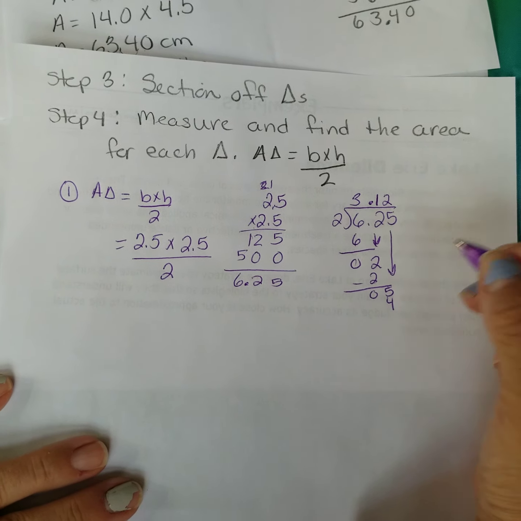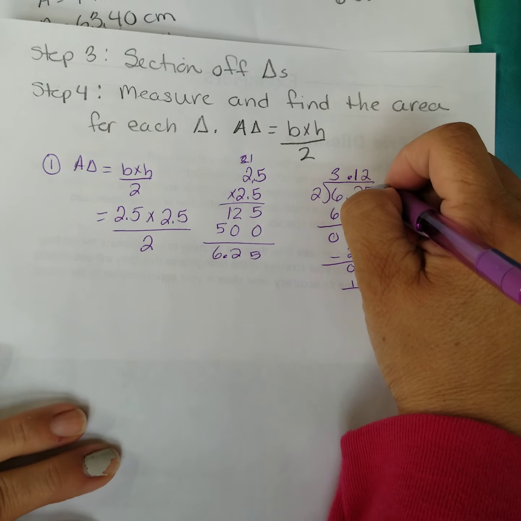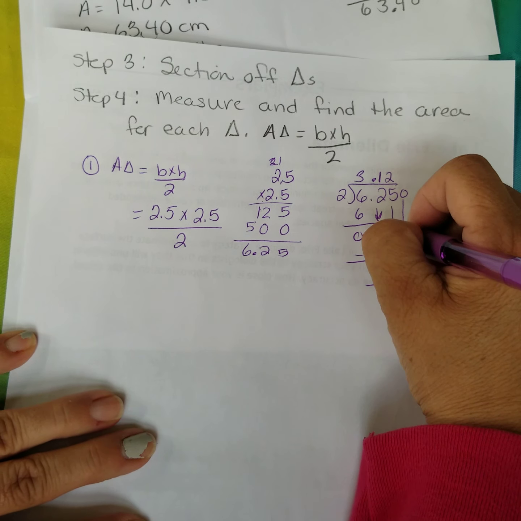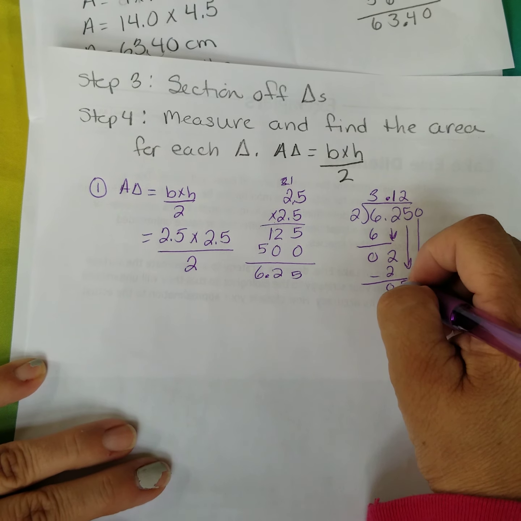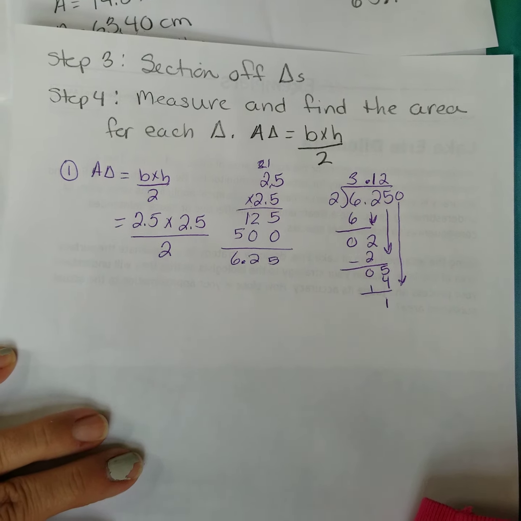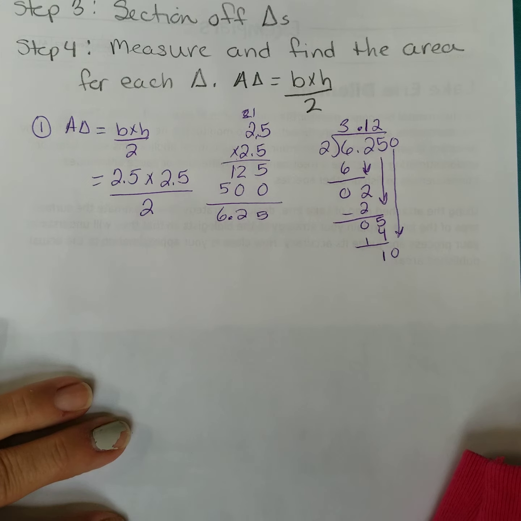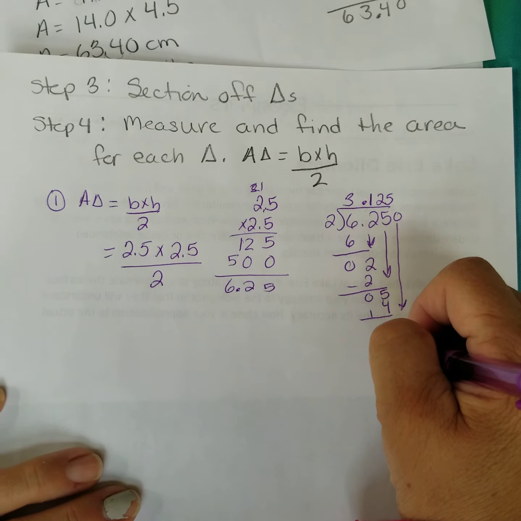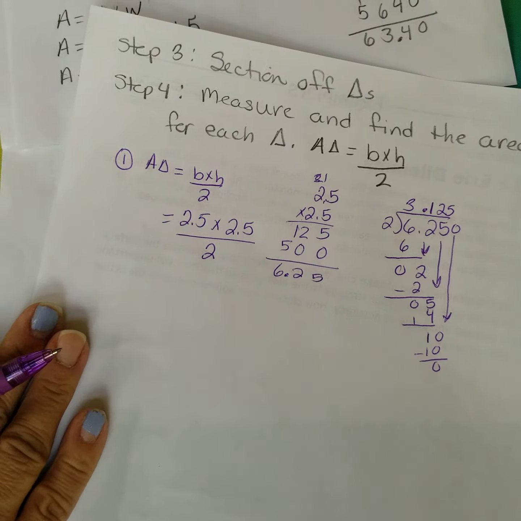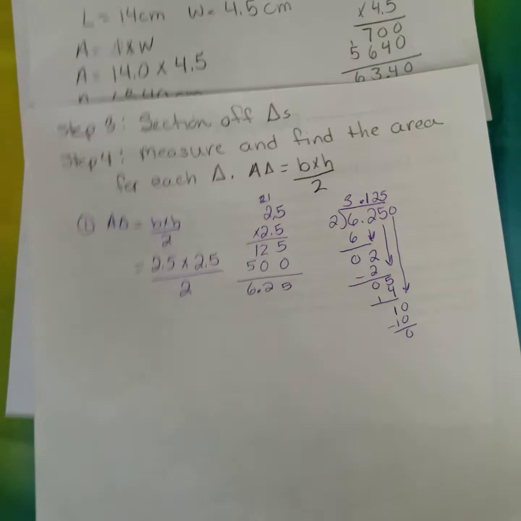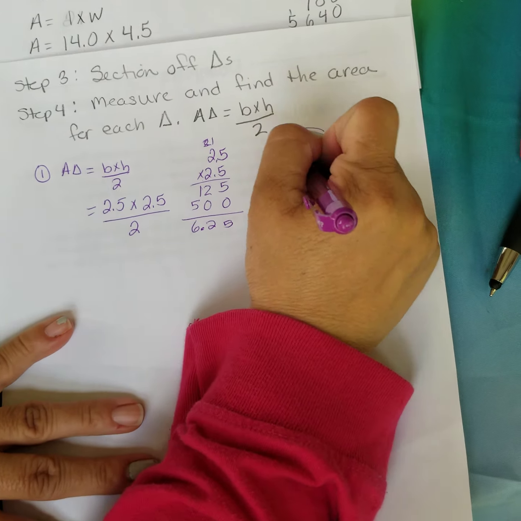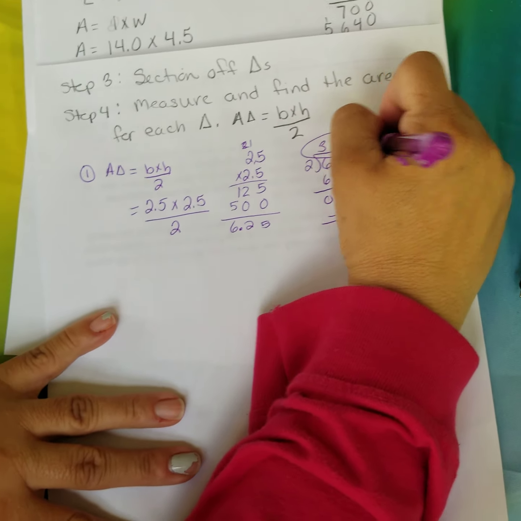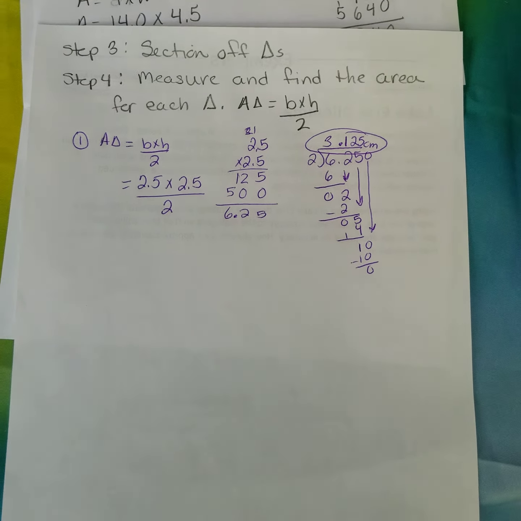It's 4. We have to add a 0 because we don't want a remainder. And that would be 5 times 2 is 10. Okay. So the area of the purple triangle is 3.125 centimeters.